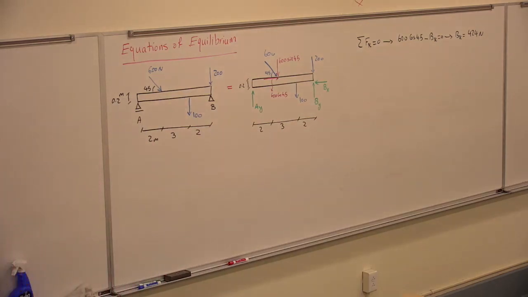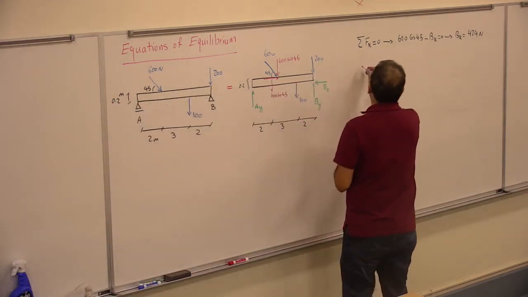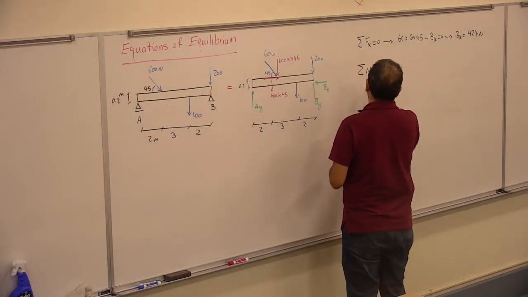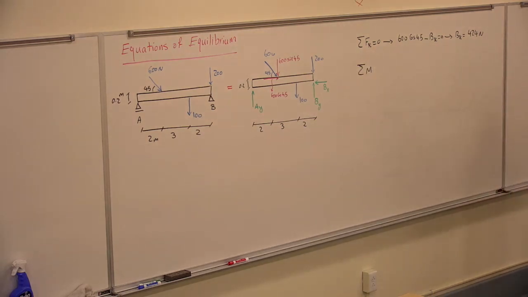So I'm not going to use sigma fy equal to 0. Instead, I'm going to use sigma M equal to 0. Which point do you think is better to write the sigma M about? I can write it about any point. It just makes it easier or harder. There's no right or wrong. Any point you choose is correct.